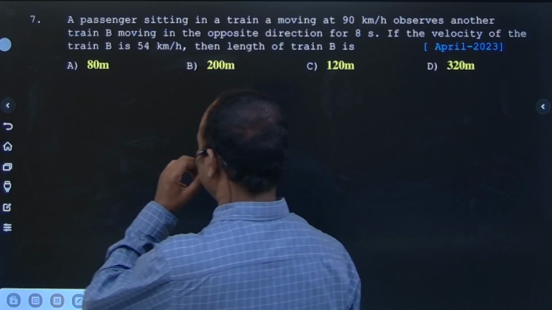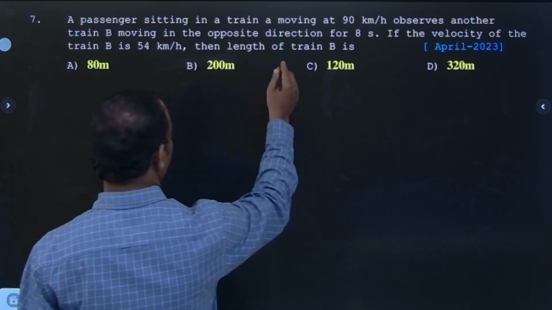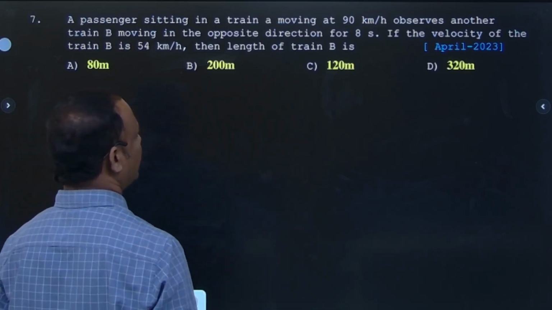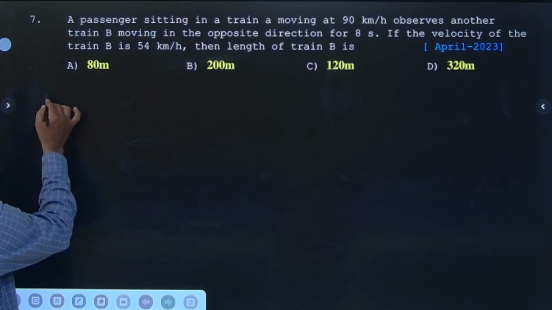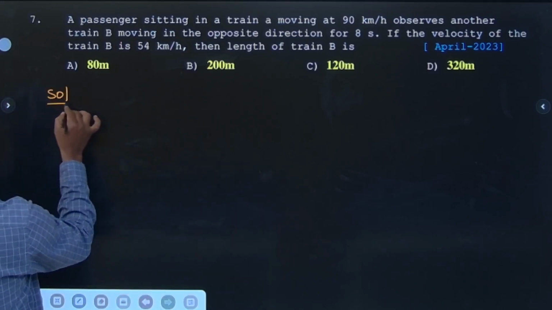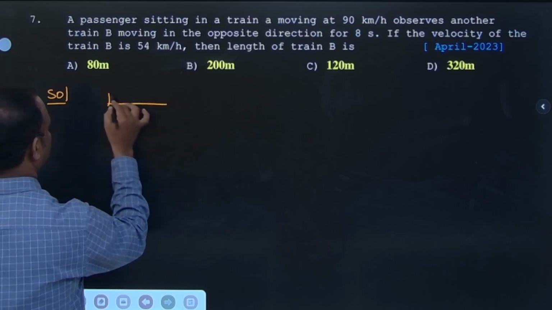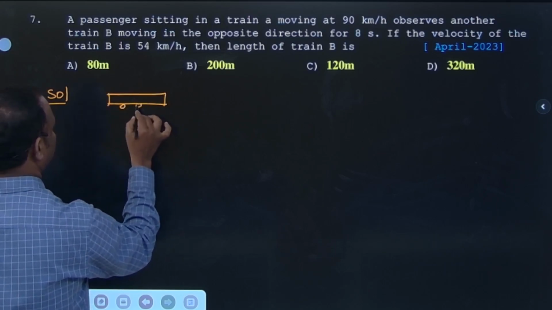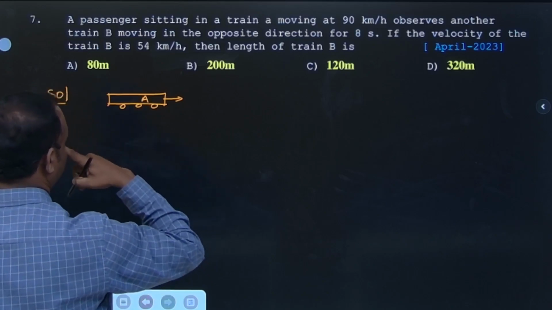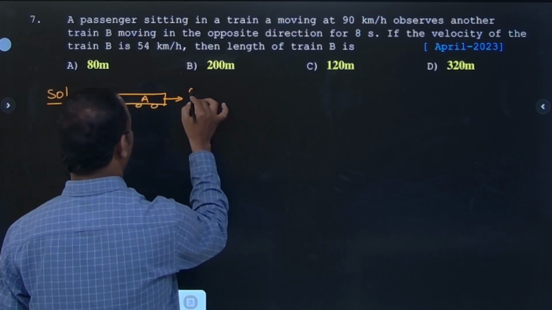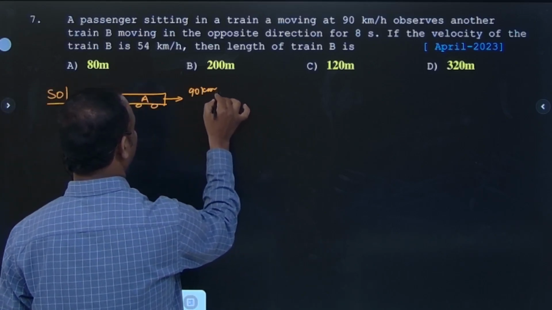A passenger sitting in a train moving at 90 kmph observes another train B. The first train is train A, moving at 90 kilometer per hour.